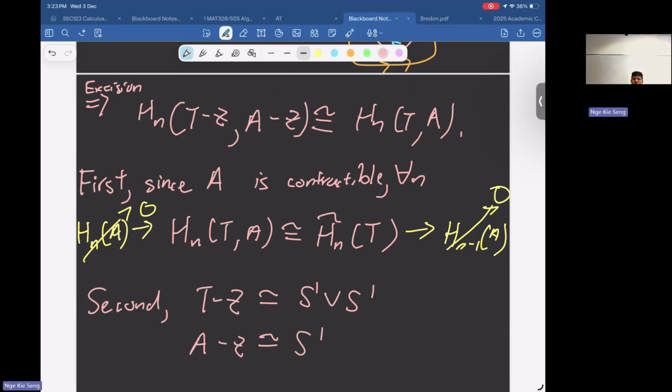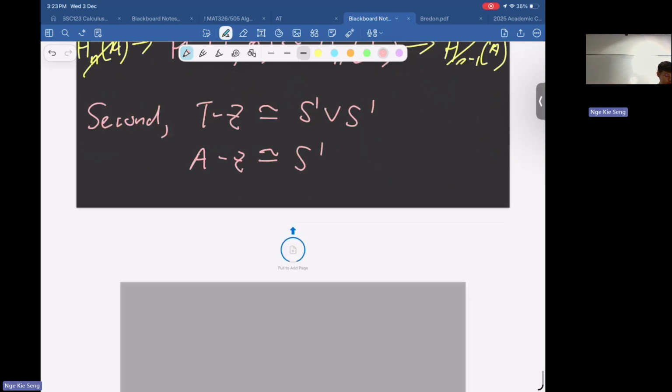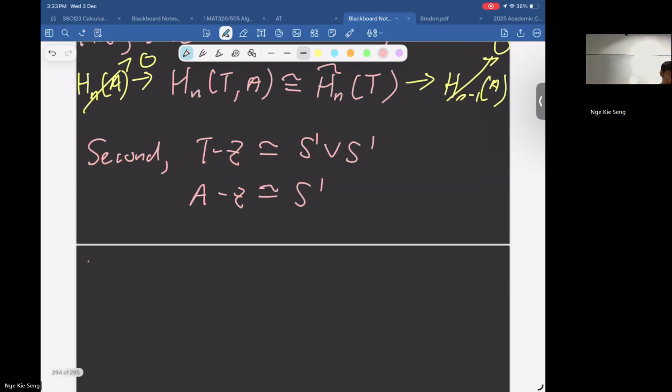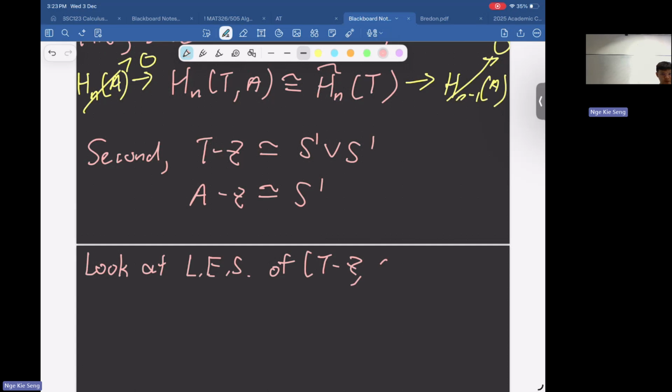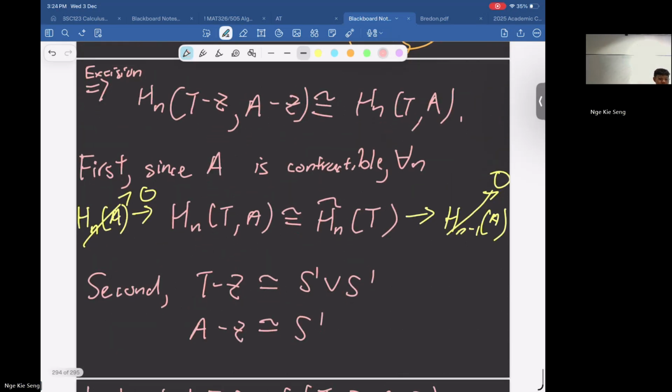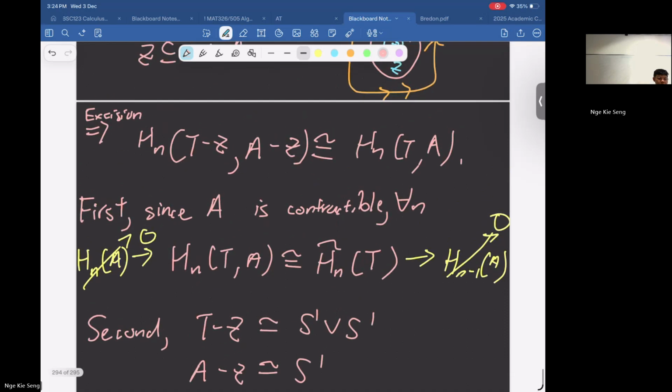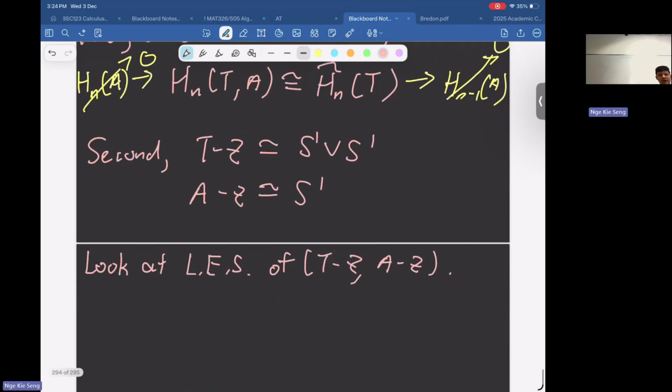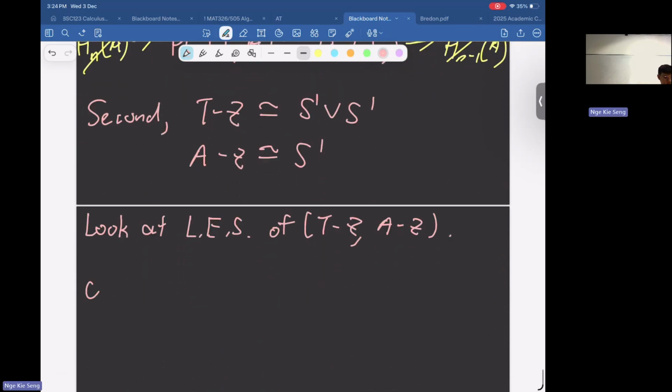Okay, so in that case, look at the LES of T minus Z and A minus Z. Okay, so what's this LES here? Maybe the interesting part is just at the bottom. So let's start.